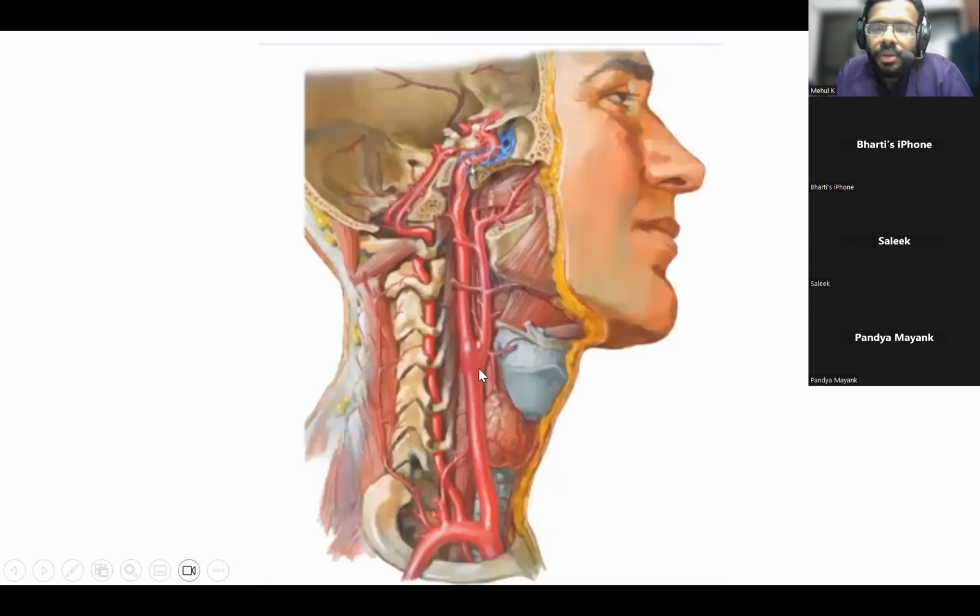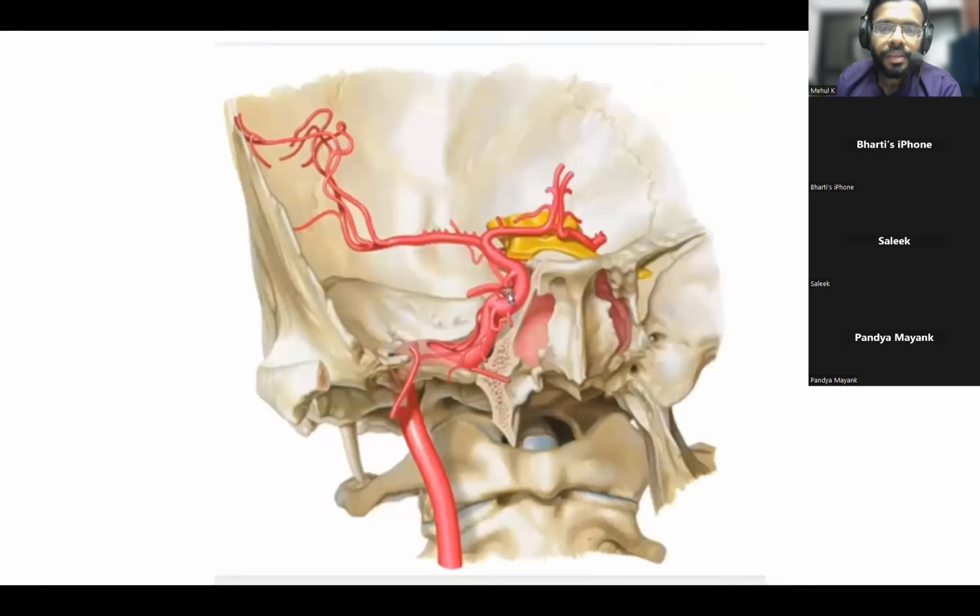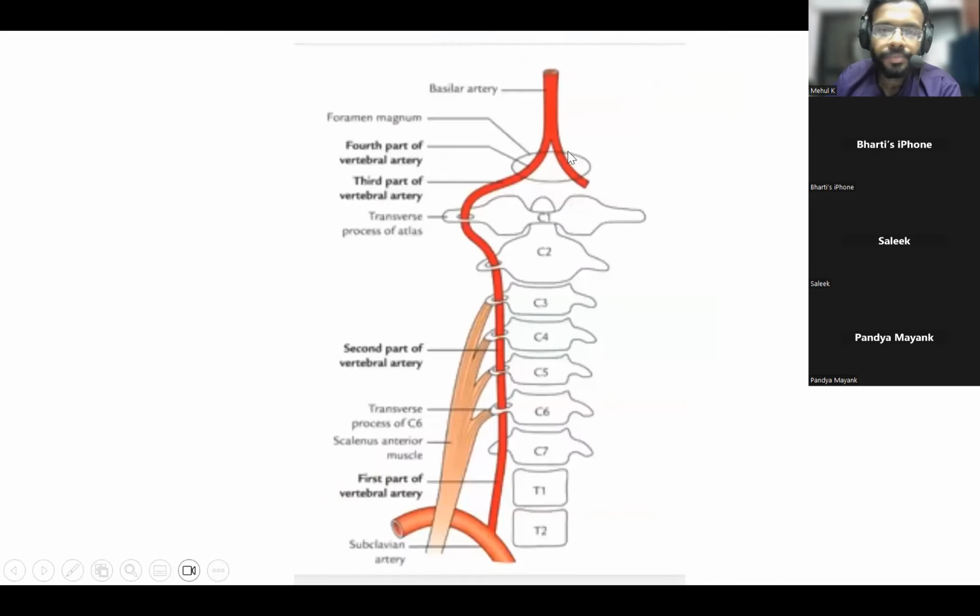Here you can see a very good image of your common carotid, and you can very well differentiate that your external carotid artery is having a lot of branches here, but your internal carotid artery is not going to have any branches until it goes into your cranial cavity. There it will eventually divide into your MCA, which will go laterally, and your ACA, which goes medially.